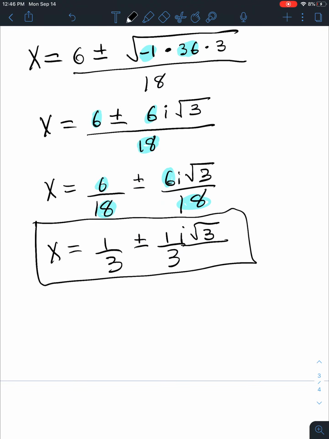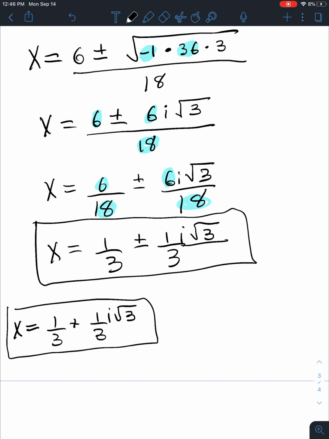Or if you want to show me that there's two solutions, which there are, you can write 1/3 plus 1/3 i square root of 3. That's answer number 2. And then the other one is 1/3 minus 1/3 i square root of 3.